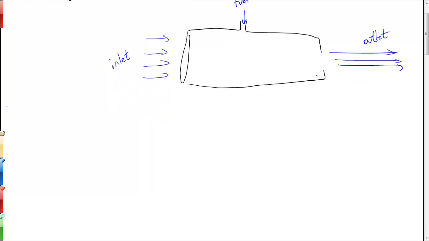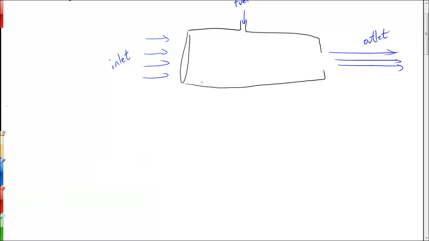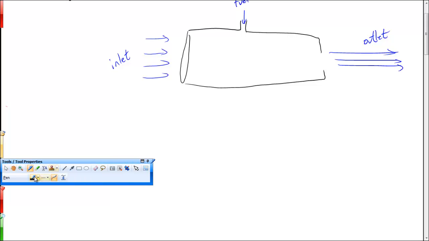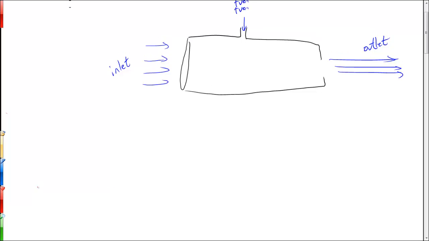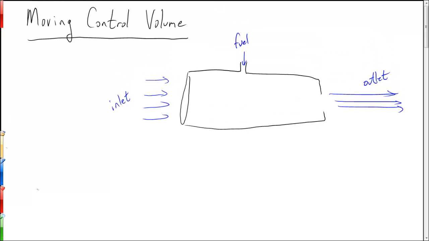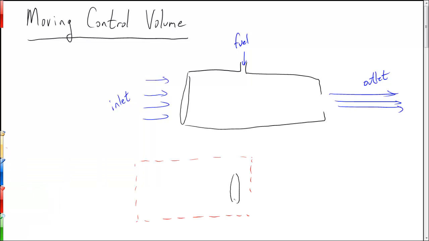Now, if you consider an airplane flying through the air, or if we consider this engine, let me do this in red here, this engine moving through the air, it's pretty clear that if we had some stationary control volume with the engine moving through it, at some point the engine is here, and at some time later the engine is here, and at some time later the engine is here.